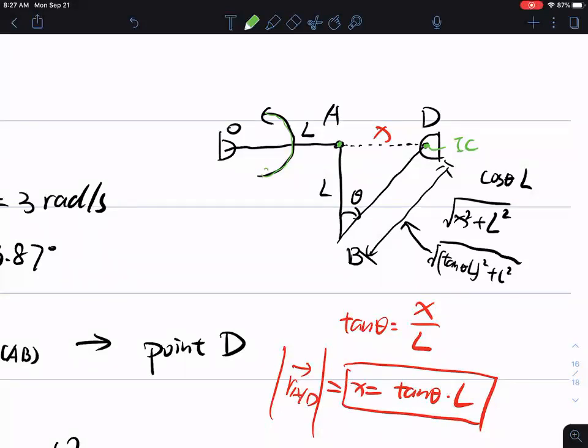Okay, let's look at AB. So AB is this guy here. This is the rigid body AB. Well, if one end of AB is fixed, it would be so easy to see if that is counterclockwise or clockwise. But because the instant center is outside the rigid body, you have to look at how one point is moving.